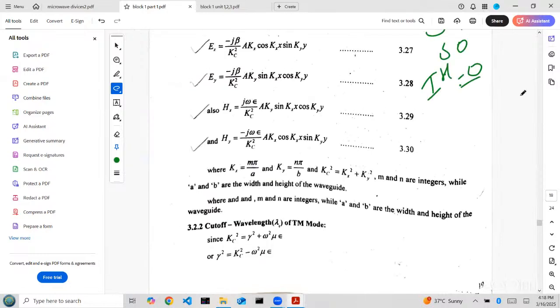Gamma square plus omega square mu epsilon. From this I am writing gamma in the LHS. What will we get? Kc square minus omega square mu epsilon. From the previous derivation, from this, what am I writing? Gamma square.